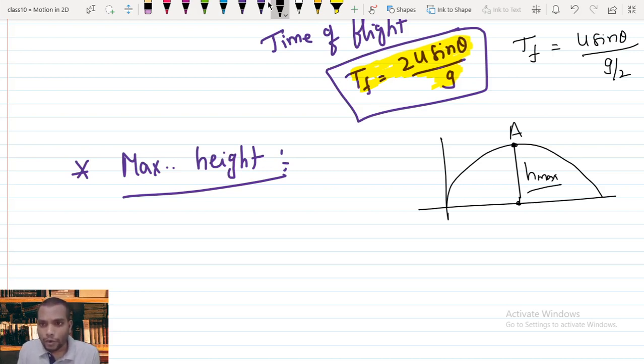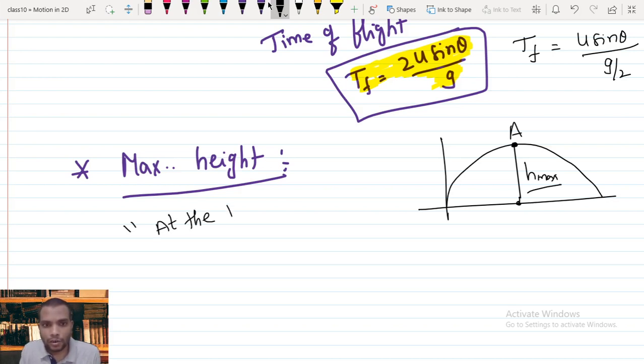Now, a very important point: at maximum height, what is the vertical component of velocity? The vertical component of velocity at maximum height is equal to 0. This is the needed component here.